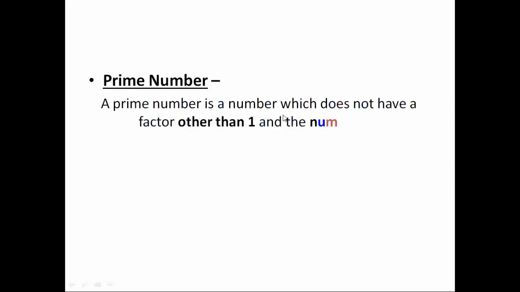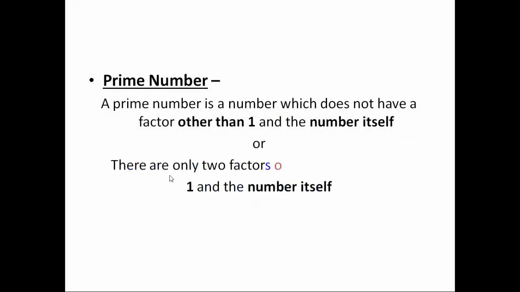Now prime numbers. What is a prime number? A prime number is a number which does not have a factor other than 1 and the number itself. Or we can say there are only 2 factors of a prime number, that is 1 and the number itself.